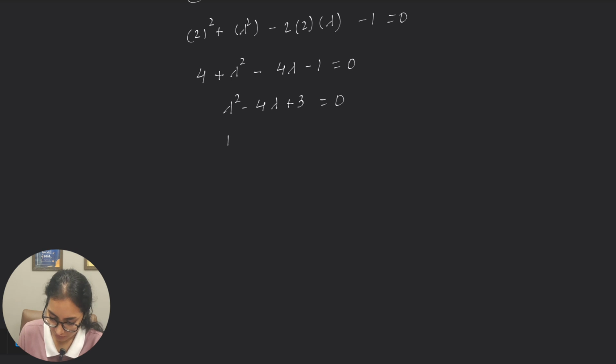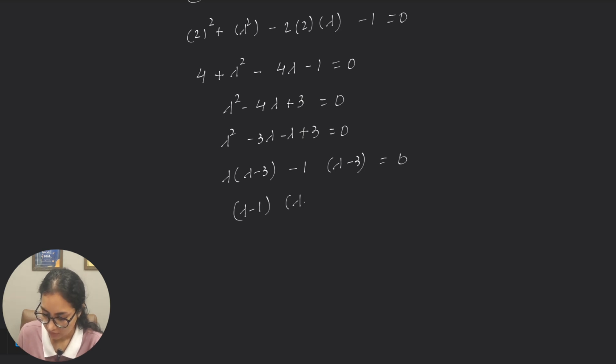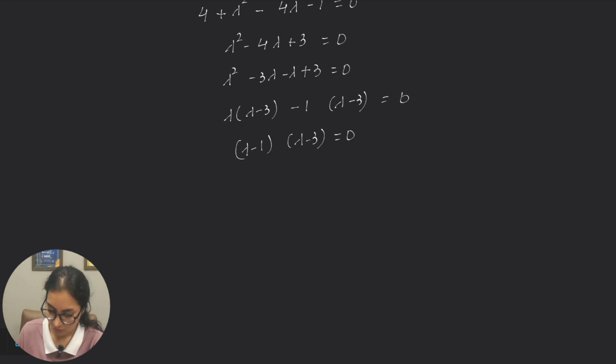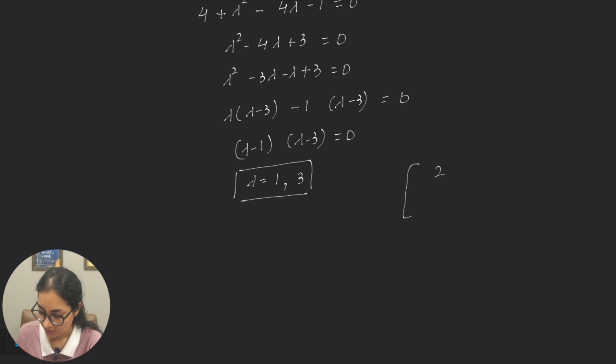To calculate its roots, you can use the quadratic formula as well, and this will give me two solutions to this equation. One is lambda equal to 1 and another is lambda equal to 3. So the eigenvalues of this matrix are 1 and 3.